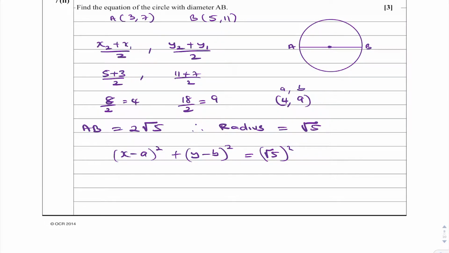So we can write x minus 4 squared plus y minus 9 squared equals 5. So the equation of the circle is x minus 4 squared plus y minus 9 squared equals 5.